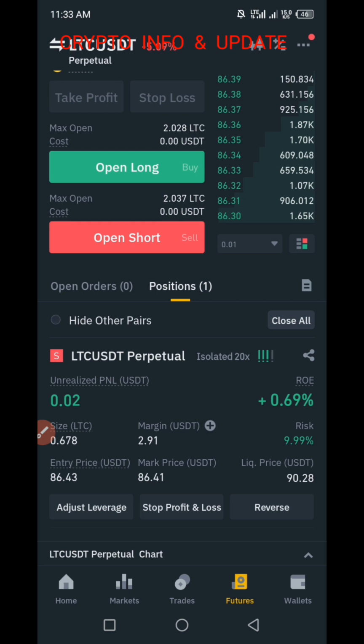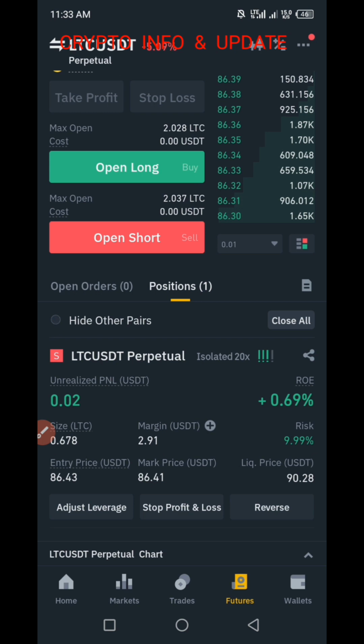Now I want you to observe something here. The margin I used is 2.91, which is the capital. The size of LTC for this first entry is 0.678.